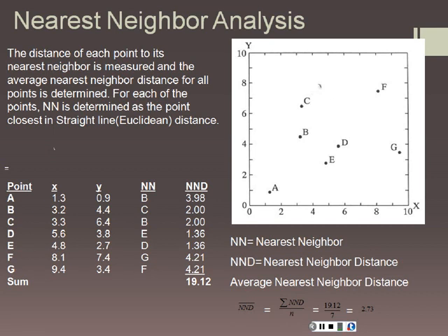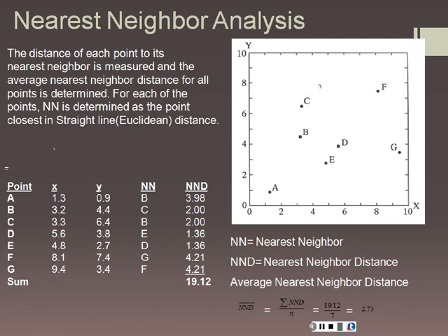What does this value tell you? If all of your points were clustered right here, would your average nearest neighbor distance be higher or lower than it is for this distribution? It'd be much lower, right?